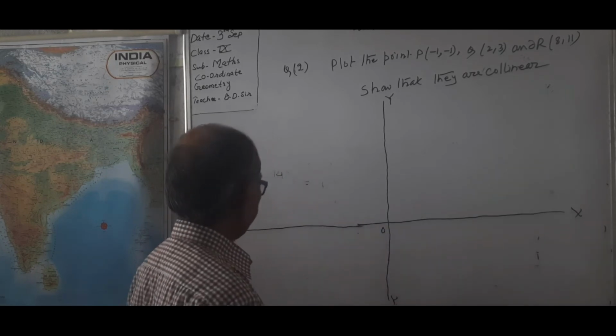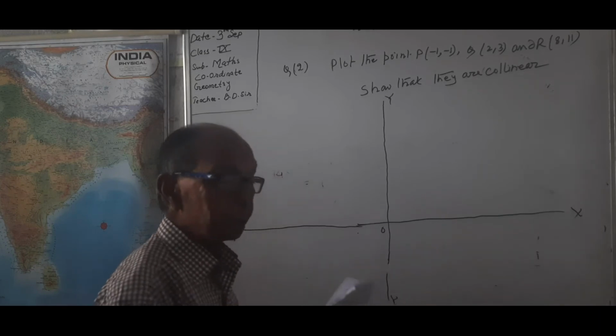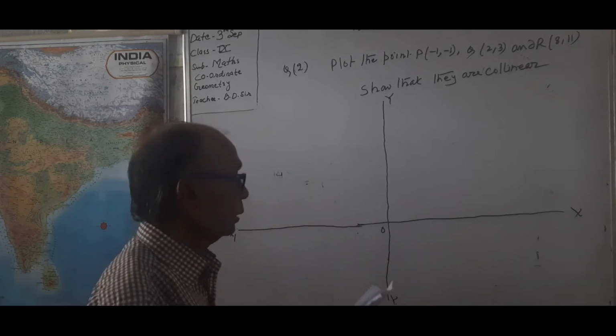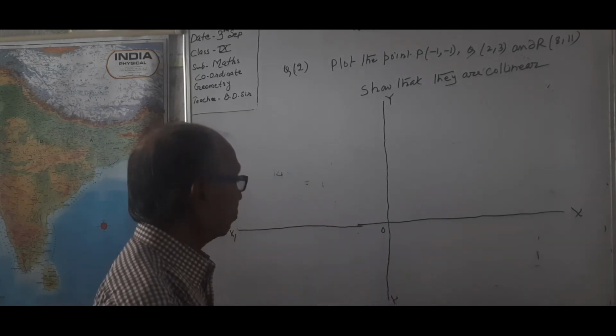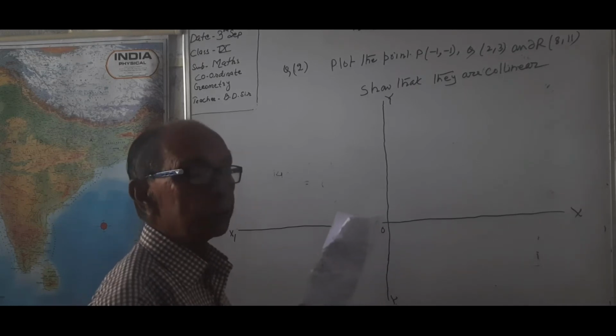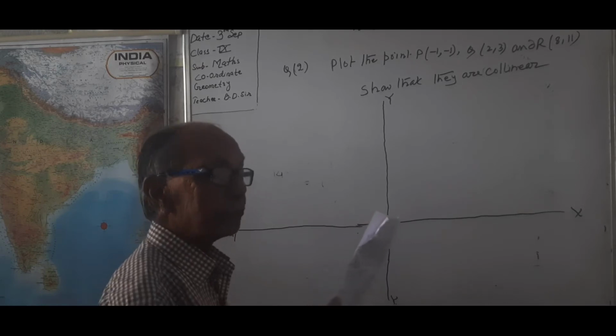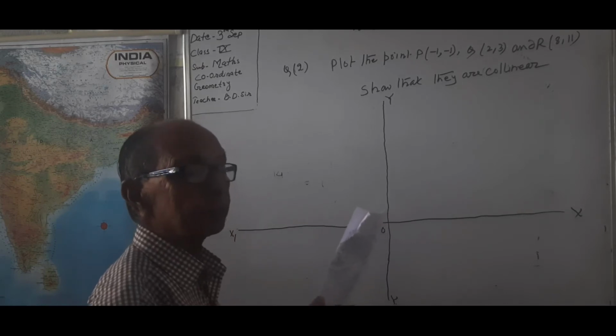These are two axes, x1 and y1, perpendicular to each other. Taking a scale, we shall mark some points at equal distances on the x-axis and y-axis, on both sides.